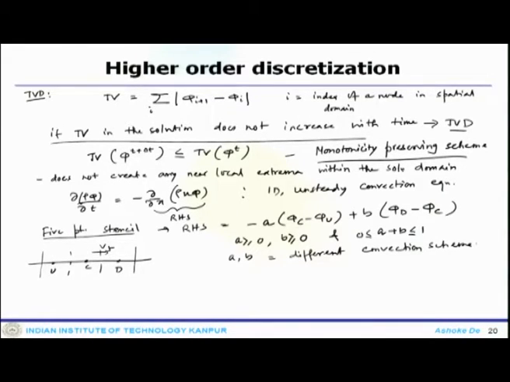Now, you can refer back to the convection schemes that we have just discussed. One can find that the first order upwind scheme is very diffusive, while the second order central difference scheme is highly dispersive.